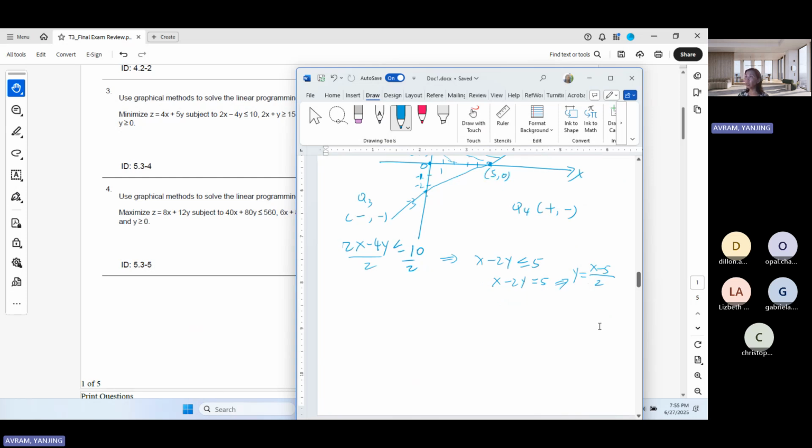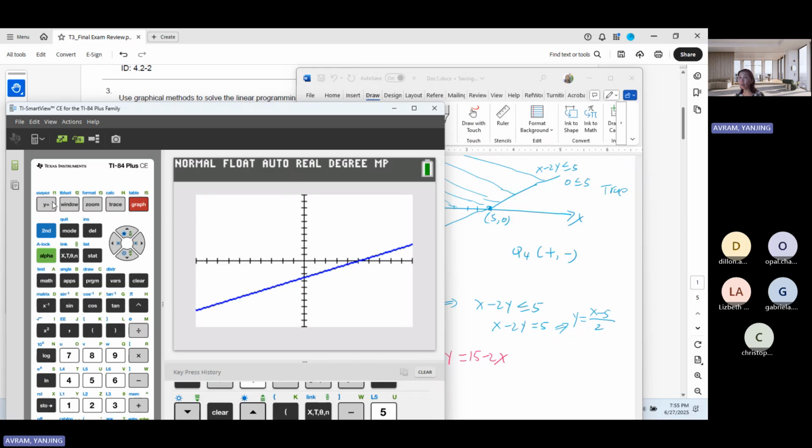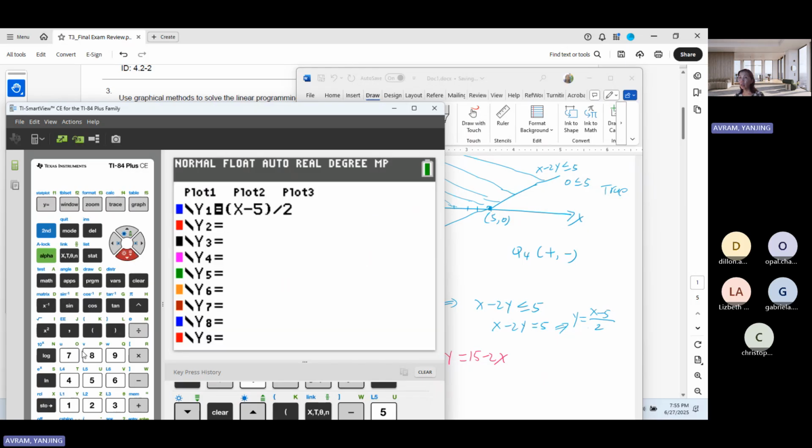Again, we graph the equal sign first. If you want to solve for y, y will be 15 minus 2x, so I can put it in a calculator, if I really want to use a calculator to graph. So that's 15 minus 2x.